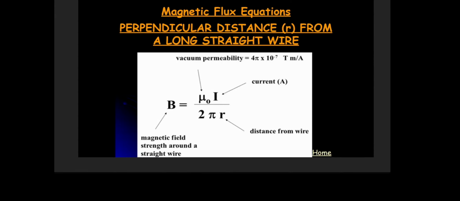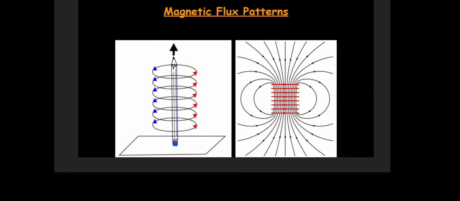For the left diagram, where it's just one straight conductor, to find the magnetic field strength or flux density at a point, we know that if you're close to the conductor, you experience a strong magnetic field, and the further you go away from it, the weaker the field strength becomes.